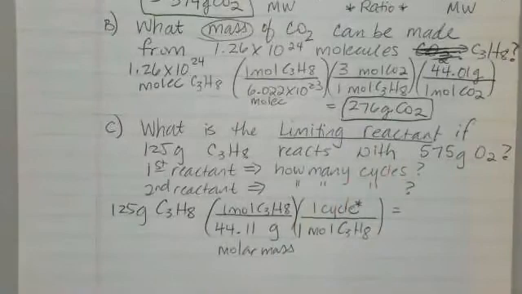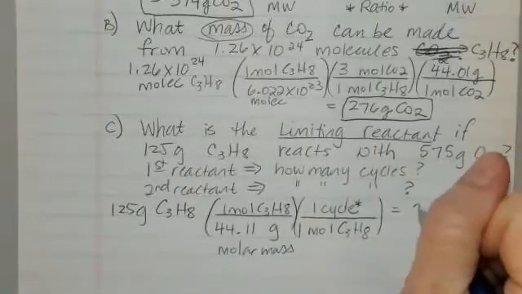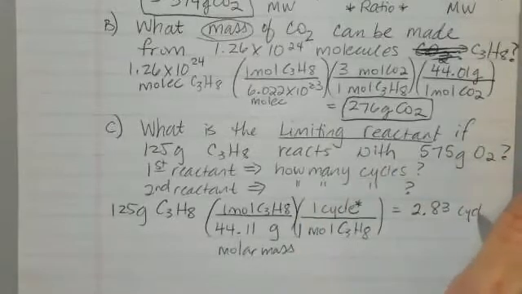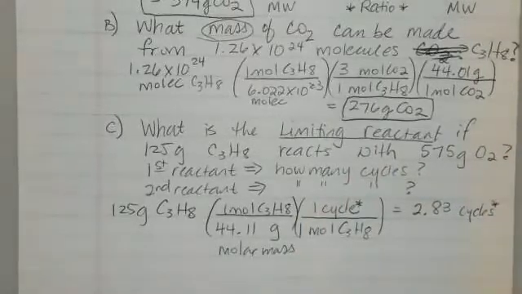It's not really a unit, right? But I like having some kind of unit because I like to see my work and follow it through and know what everything means. So I would write this as, okay, I got 2.83 cycles. But again, cycles, I put a little asterisk by it because it's not really a unit, not like grams or molecules.